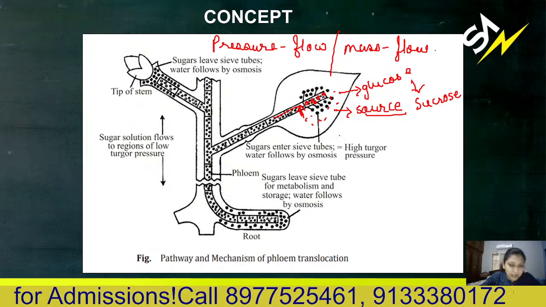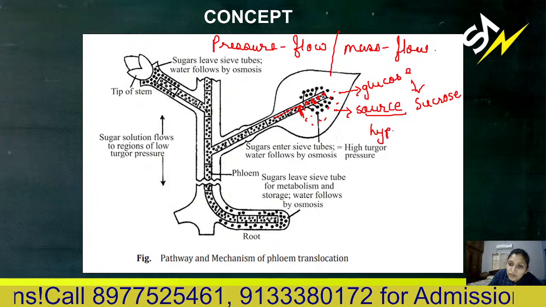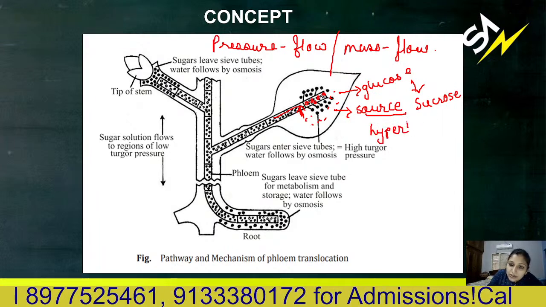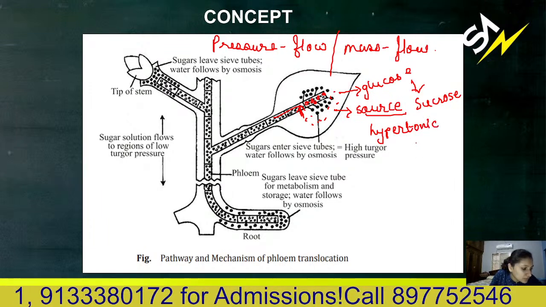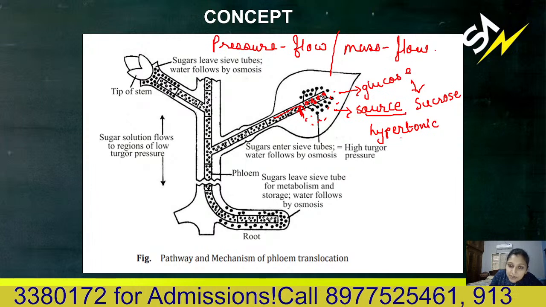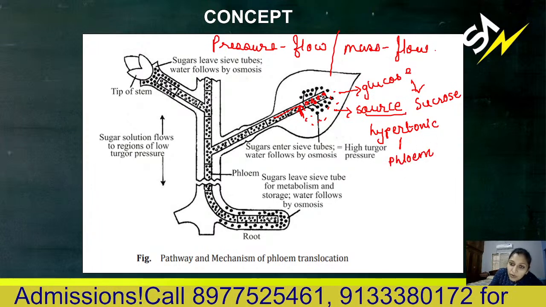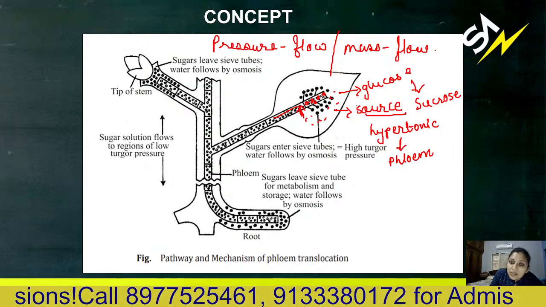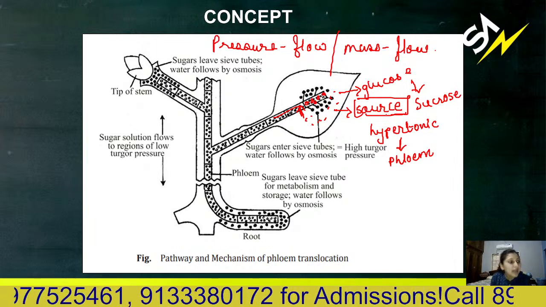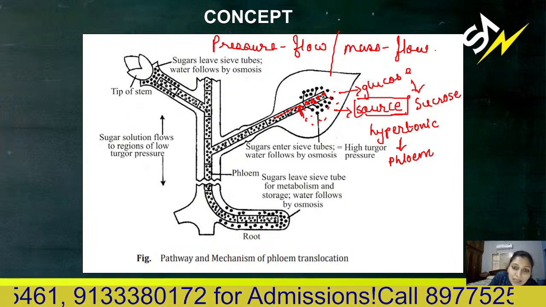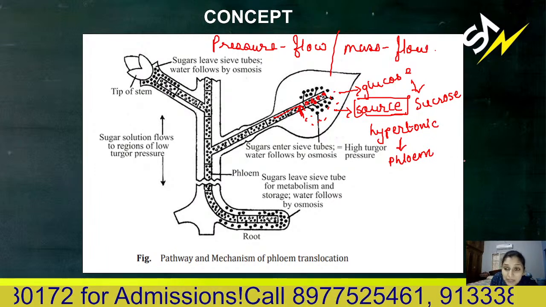Yes, you're right, Vikram. It becomes hypertonic. So the phloem becomes hypertonic near the source. We are talking about near the source. The phloem becomes hypertonic, and what passes nearby? The nearby vessel will be xylem, and xylem contains water.